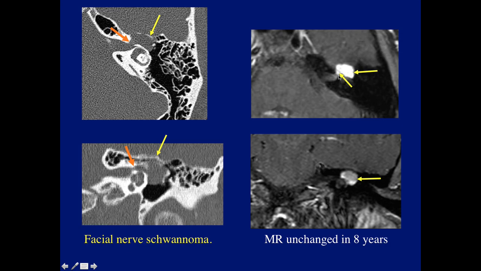A little bit of enhancement in this axial MR in the region of the labyrinthine segment. Here's the enhancement. And again, notice on the coronal a large tumor and an enlargement of the labyrinthine segment. Again, a facial nerve schwannoma.